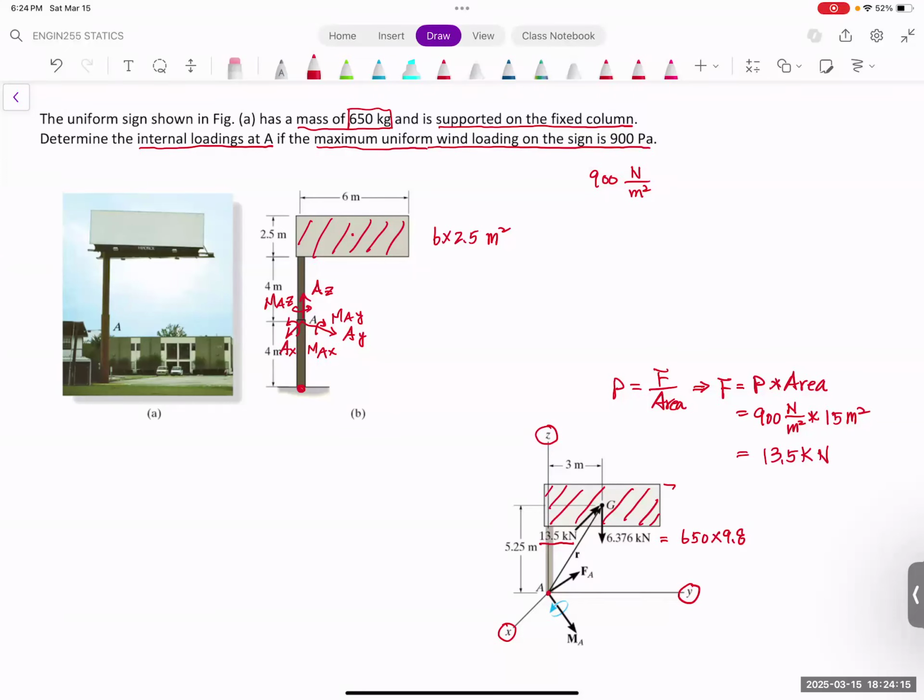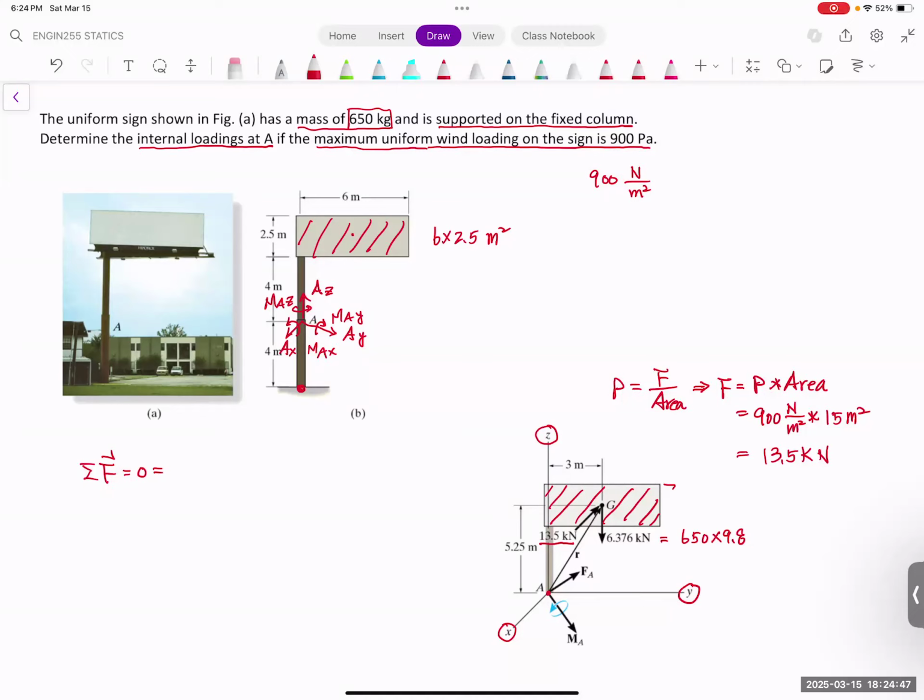Well, you simply use the same way we do the summation of F equal to 0, summation of moment equal to 0. So if we do the summation of F equal to 0, I'm using a vector. We're not looking at the individual directions now. When you do this one, we have two forces, right?